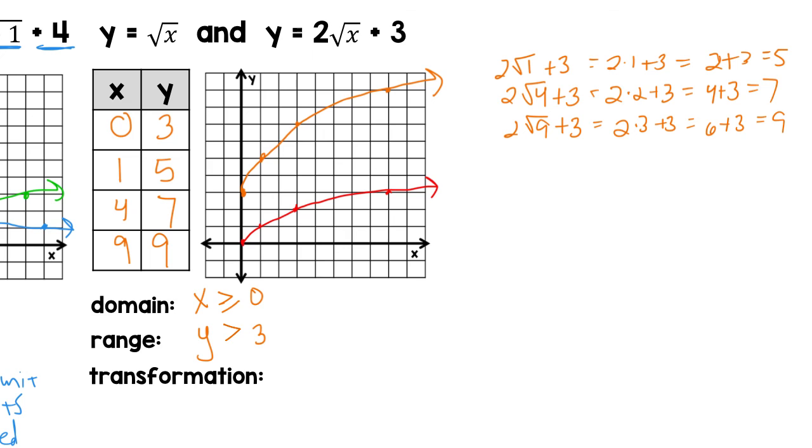Our transformation will be a couple of different things. It'll be that we've gone up 3 units and we've stretched vertically. That means that instead of being this slow arching curve, it gets steeper faster.